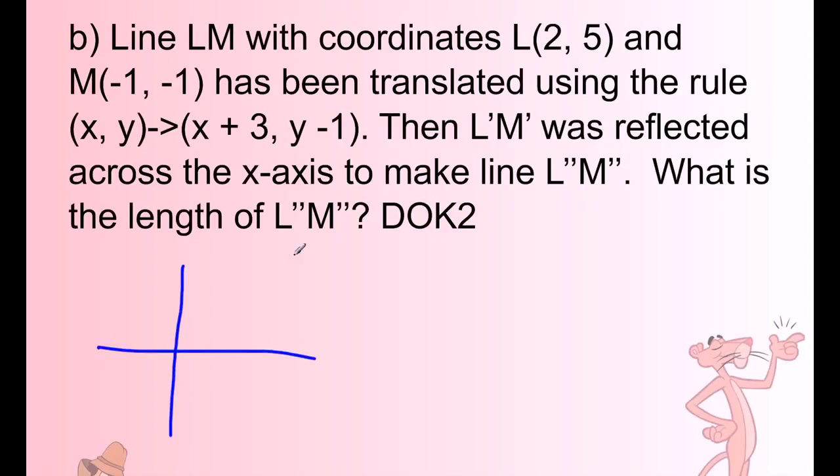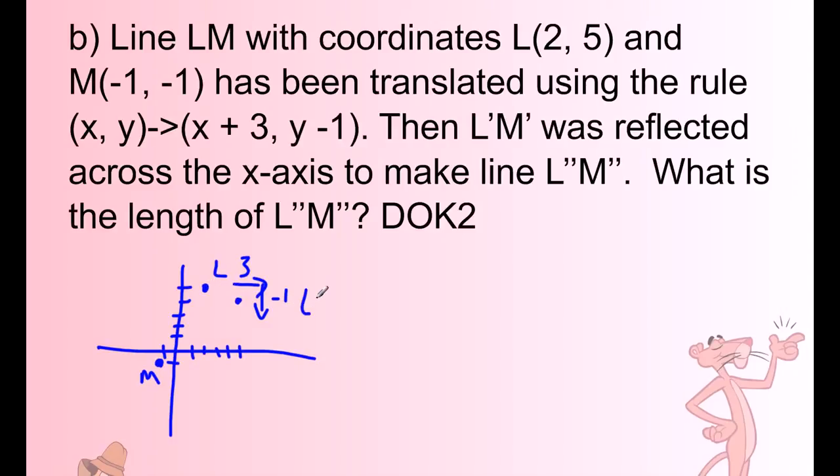So, a little sketch. L is at 2, 5. 1, 2, 3, 4, 5. Over here is L. M is at negative 1, negative 1 right here. It says it has been translated using the rule (x + 3, y - 1). So x is going to go that way, positive 3 units, and then down 1 unit. Okay, so this point 2, 5 goes 1, 2, 3, so 2, 3, 4, 5, and down 1.